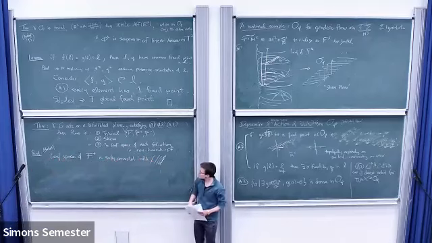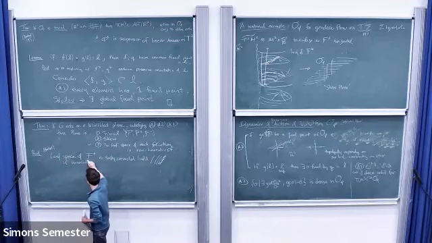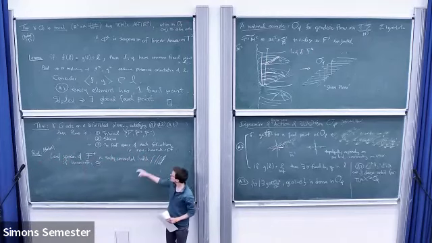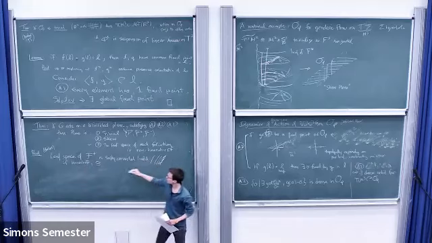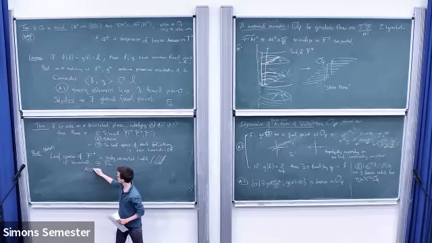So if it's Hausdorff, it can be homeomorphic to R. So let's assume this one's Hausdorff, homeomorphic to the real line. So assume this is true.